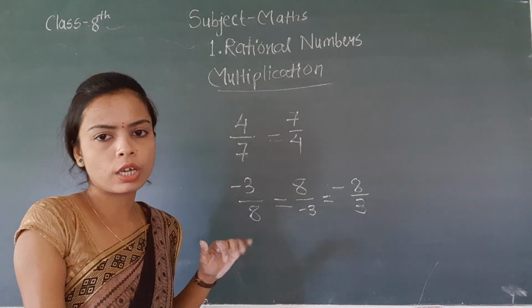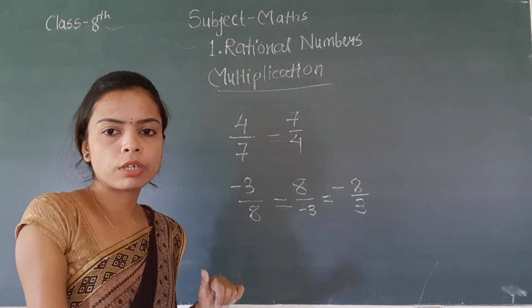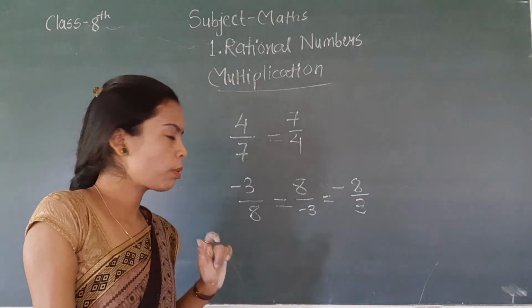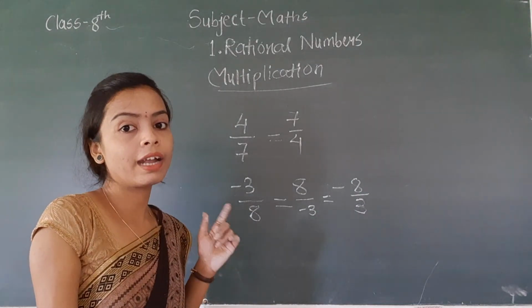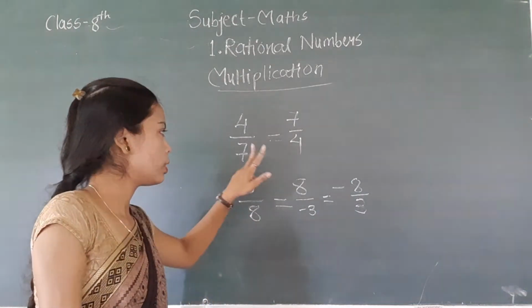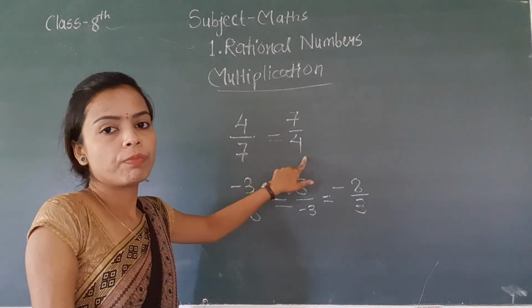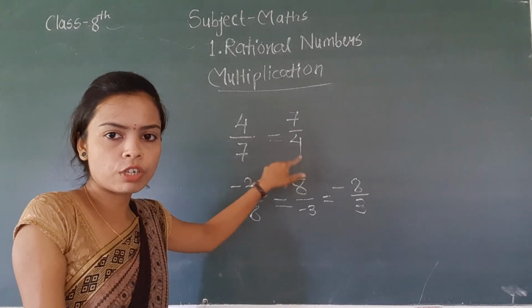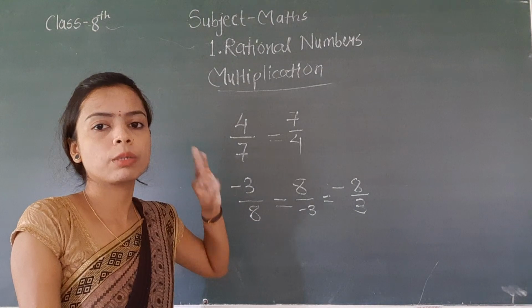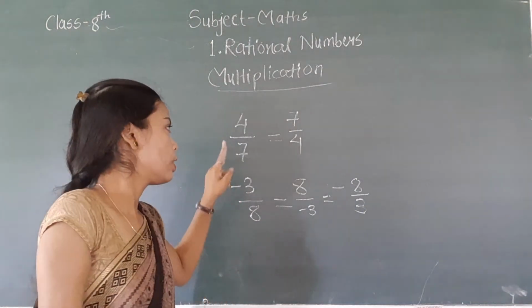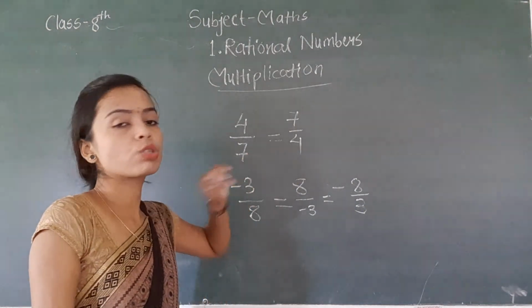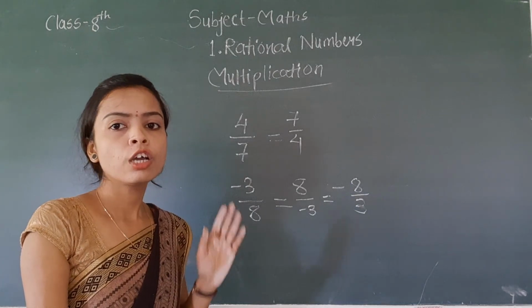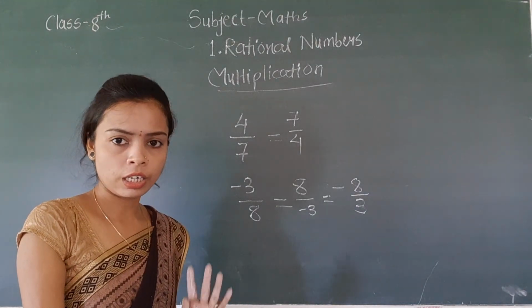The meaning of both are same. And remember that when you are multiplying a rational number with its multiplicative inverse, your answer is always the multiplicative identity, that is 1. That means if you multiply any rational number with its reciprocal, your answer will be 1.